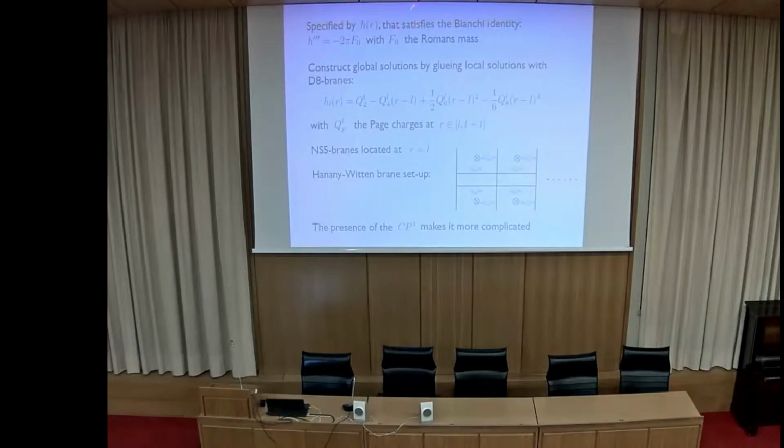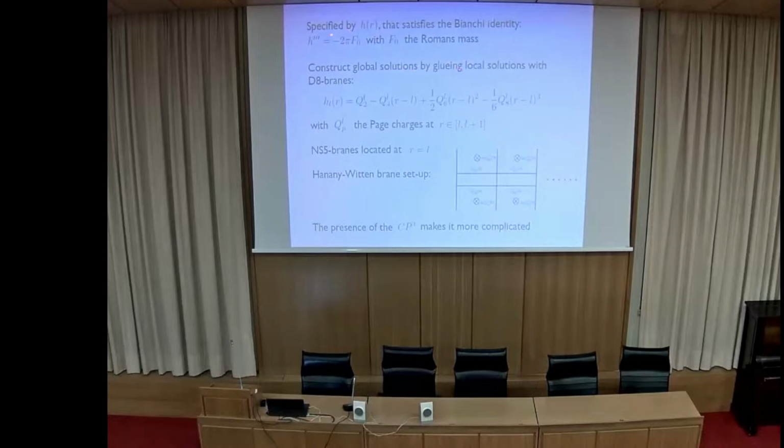And the most general way in which we can construct global solutions with these conditions is by gluing local solutions with branes. We are going to be introducing D8 branes at r equal L, where we have the jump in the Neveu-Schwarz gauge, the NS5 branes being created. And we are going to glue the D8 branes at these positions.